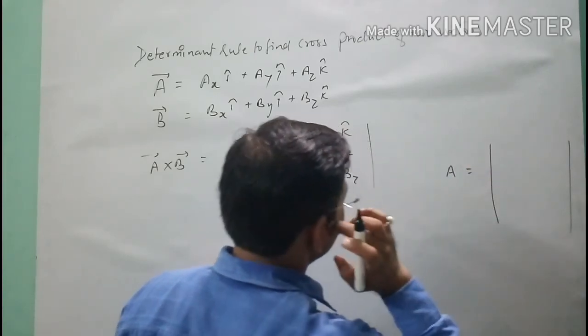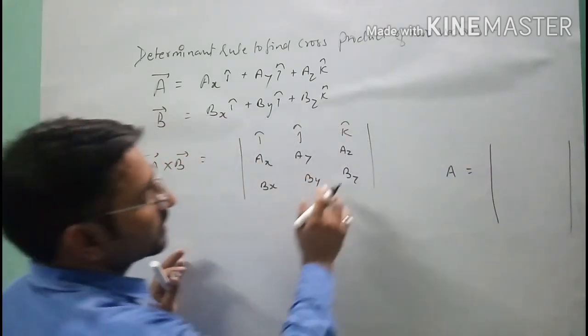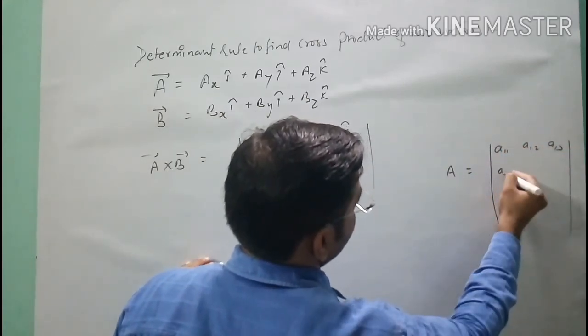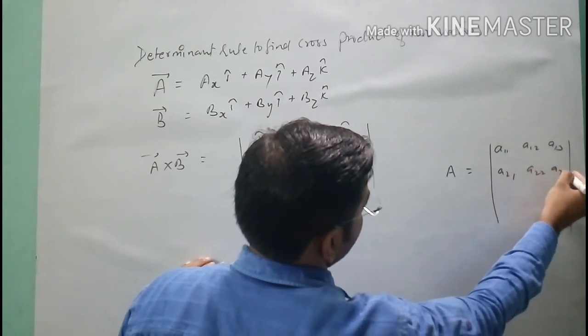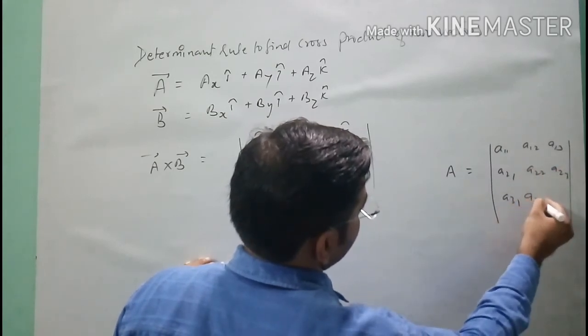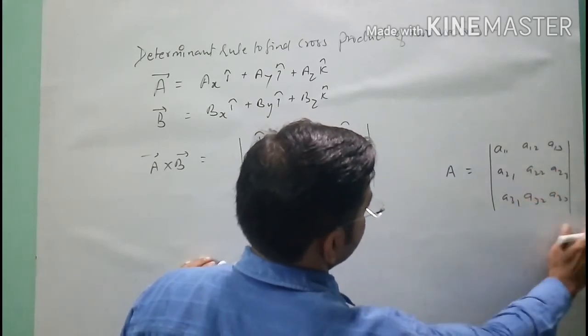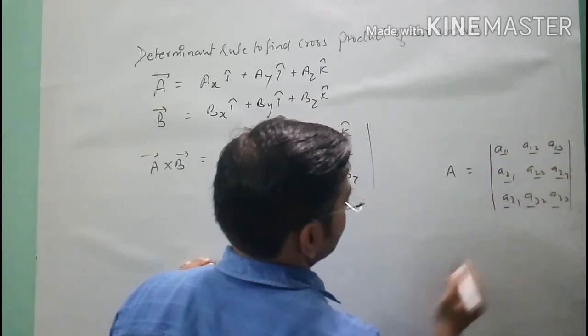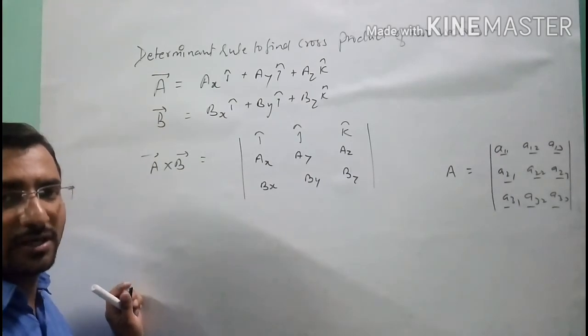See, first I am writing this in determinant form. So here a11, a12, a13, a21, a22, a23, a31, a32, a33. These are the elements of the determinant.